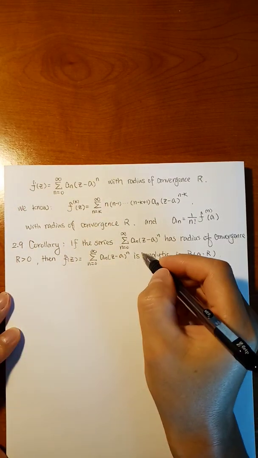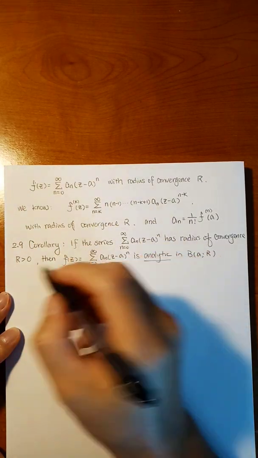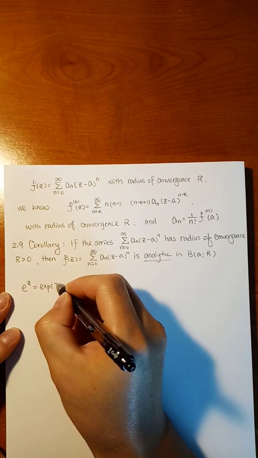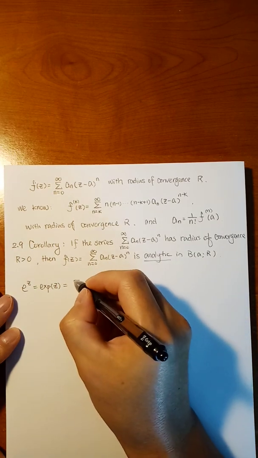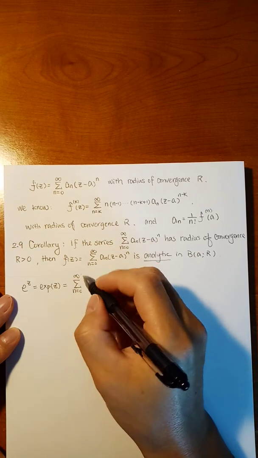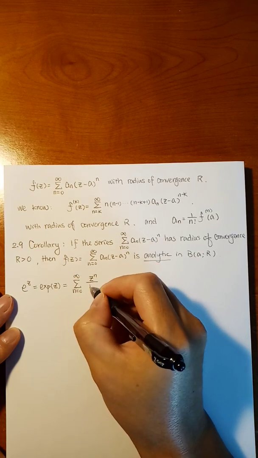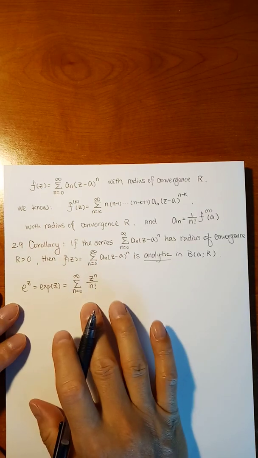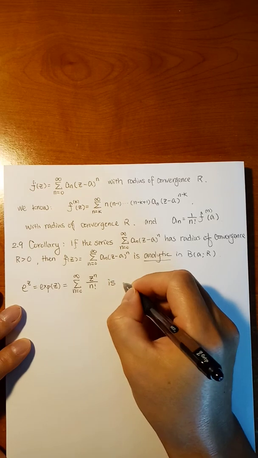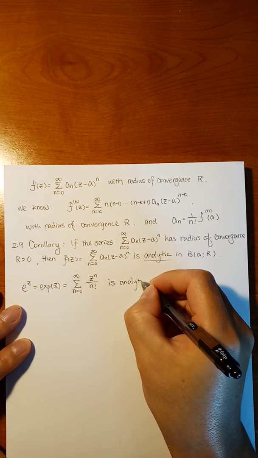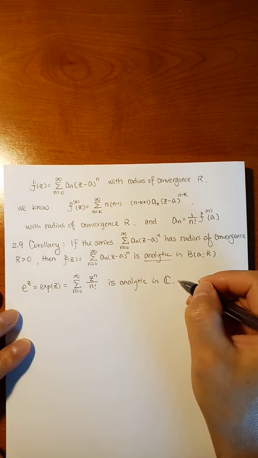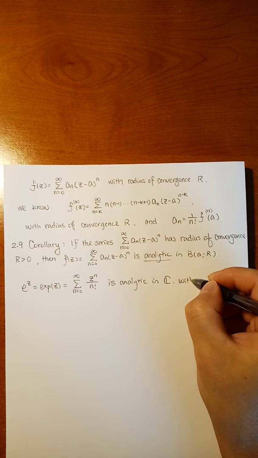Okay, so if we have this corollary in mind, then the exponential function, remember that the exponential function is the series sum n from 0 to infinity z to the n over n factorial. This one has radius of convergence infinity, so it is analytic in the complex plane, right?